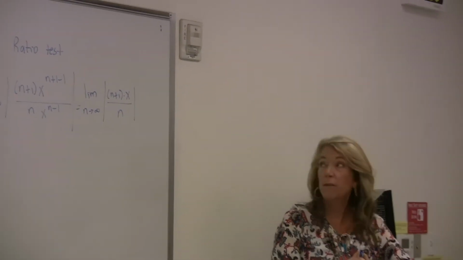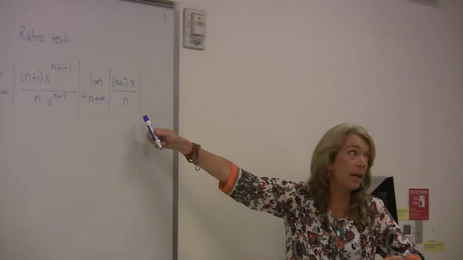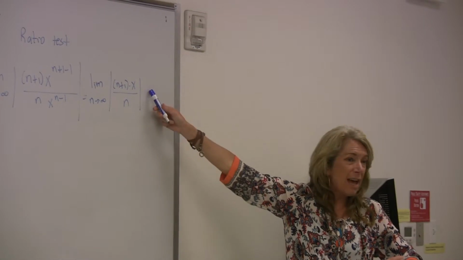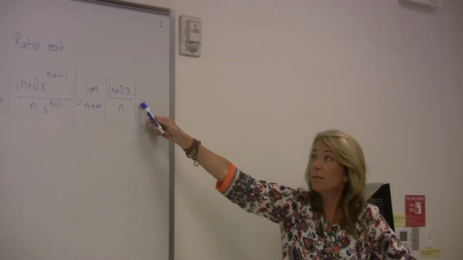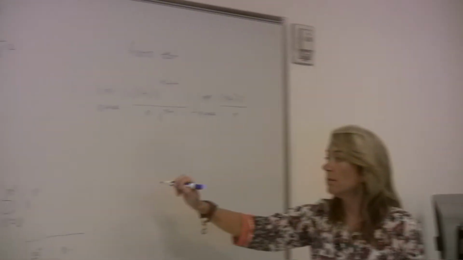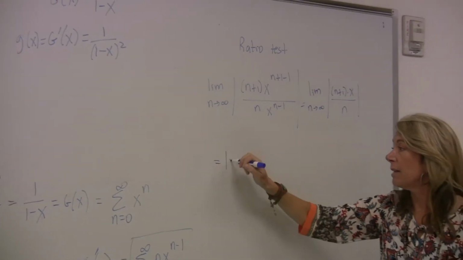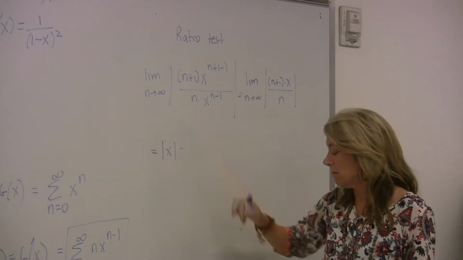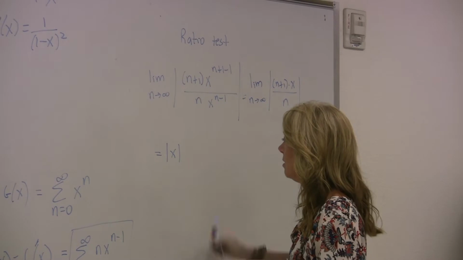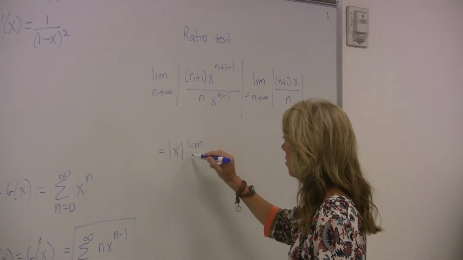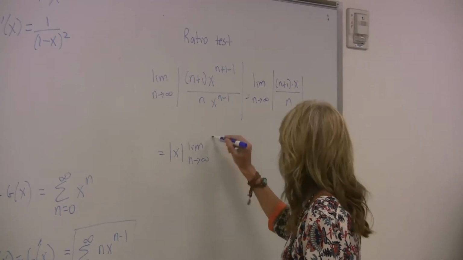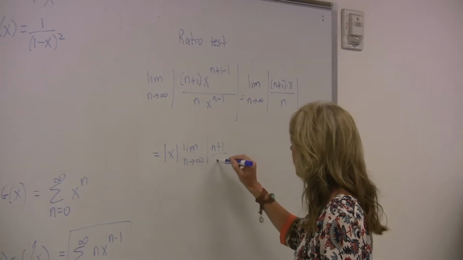That was the first one today we've seen like this. We've seen them before, but there's still n's in here. But remember, the x is not affected by the n's at all. So I'm going to factor that out. Pull out the absolute value of x and just multiply that by the limit of this part.